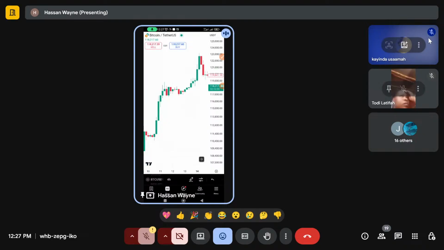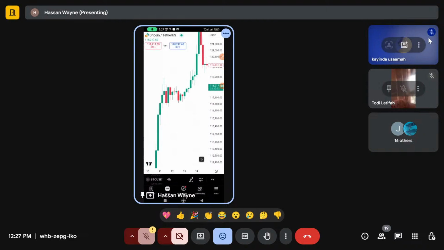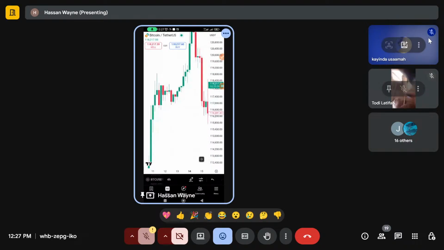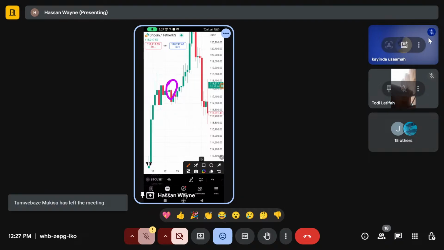For example, there's this one, shooting star. As I said, when it is green, most of the time when it is bullish, it means sellers have stepped in, but with less energy.